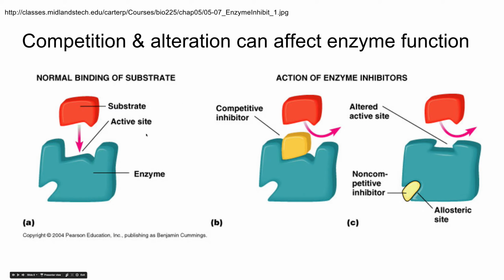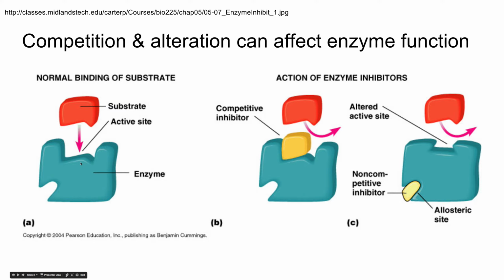The thing is, I can manipulate them rather easily, because if I can manipulate the shape of a protein, I can manipulate the enzyme. So the way this turns out to work is, normally you'd have your substrate, and it binds to the active site. In reality, the substrate actually kind of induces the shape of the active site, meaning here they look like they fit.